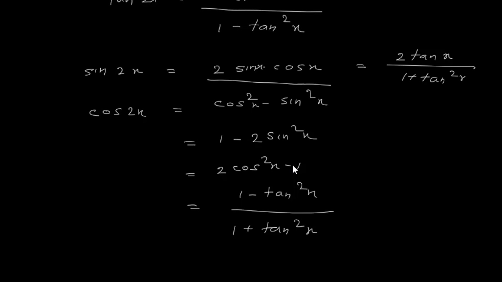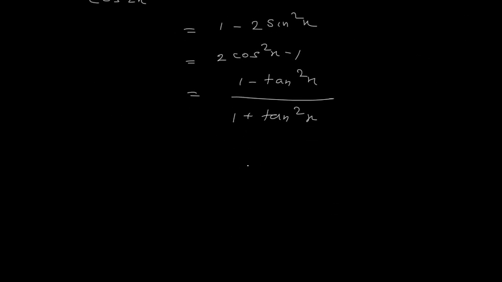I leave this derivation for you to solve. Find the value of sin 2x in terms of tan. Sin 2x is 2 tan x upon 1 plus tan square x, and cos 2x is (1 minus tan square x) upon (1 plus tan square x). So this is the double angle formula.